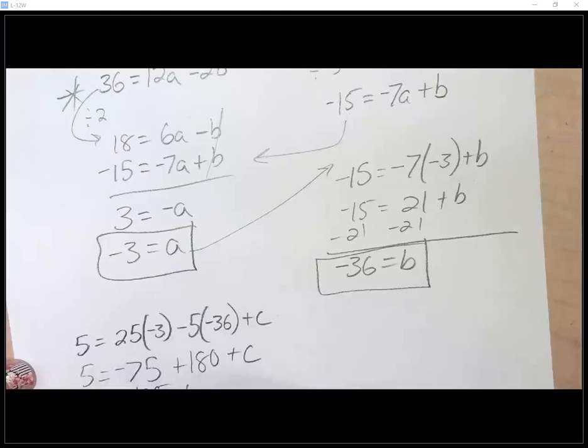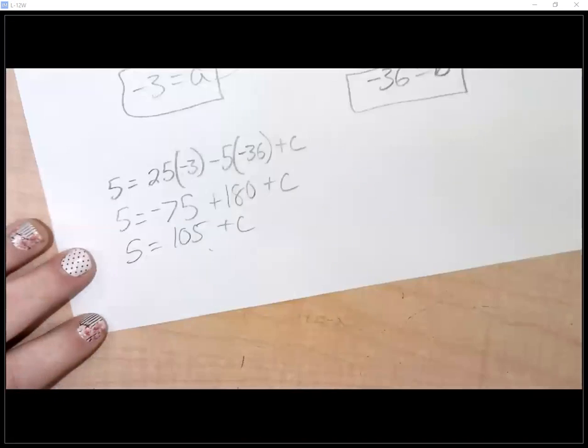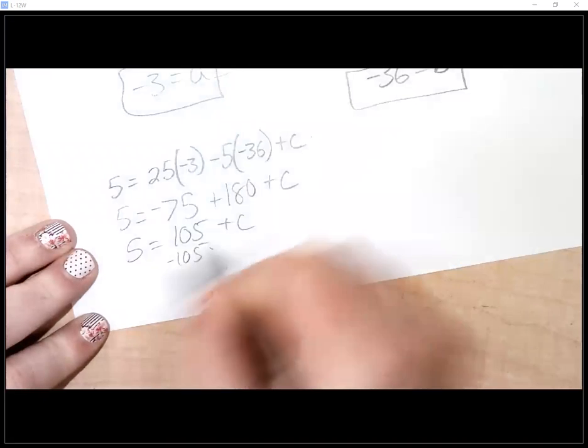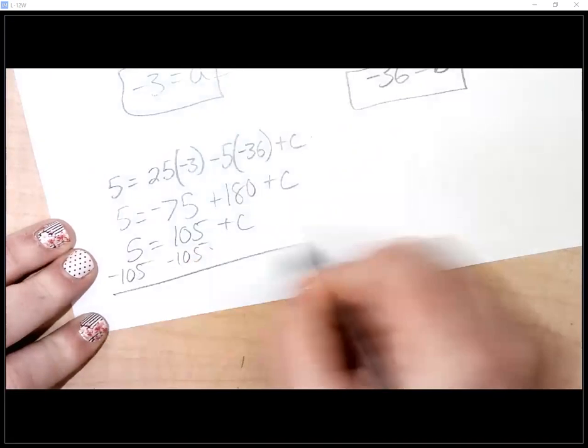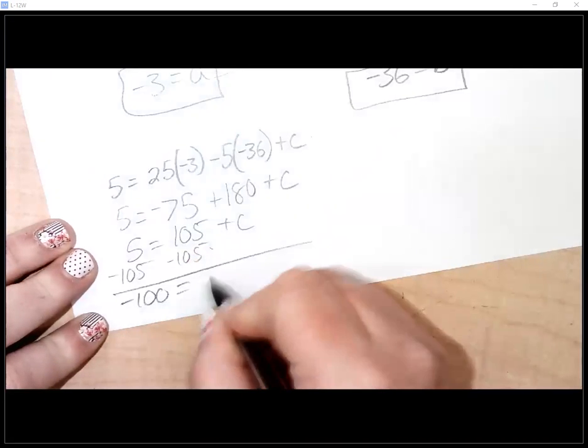So just minus that 105 from both sides, and we will be in business. I get negative 100. Did you?